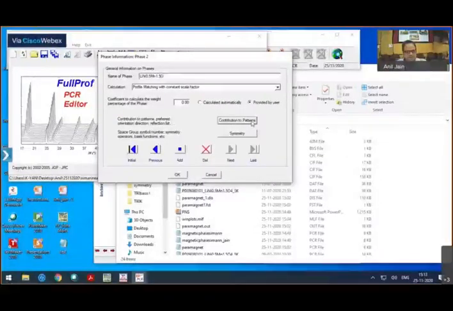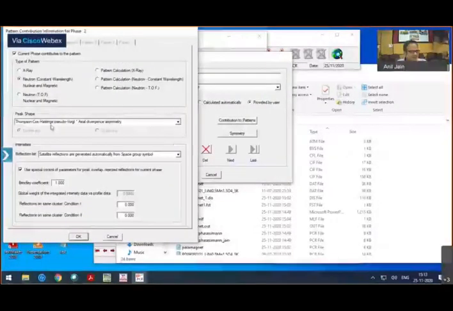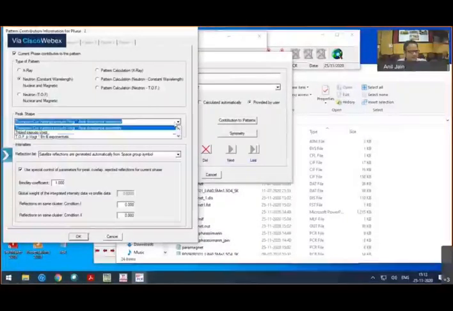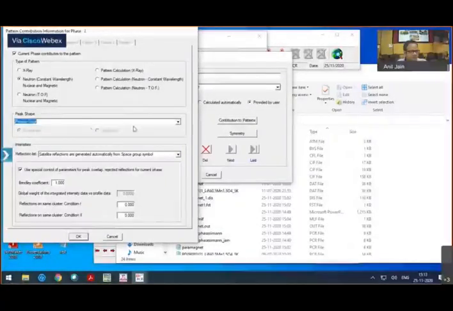Let us go to contribution to the patterns. These are the information about peak shape. We can put it pseudo-Voigt here. The reflection list is governed by this IRF parameter. So what we have written here is that the satellite reflections are generated automatically from the space group symbol.